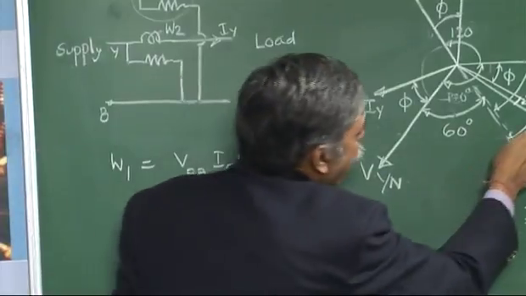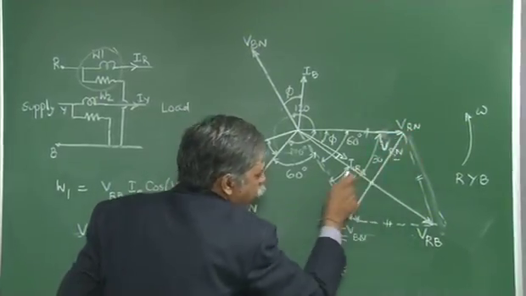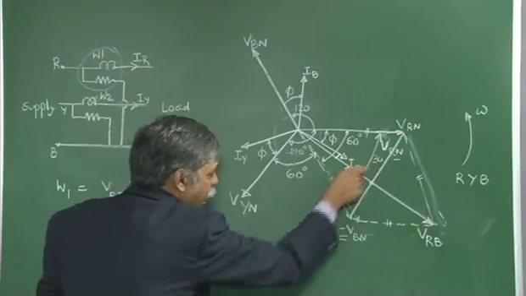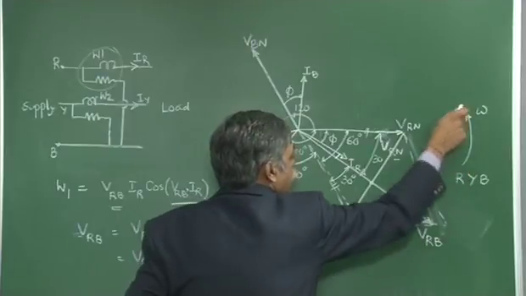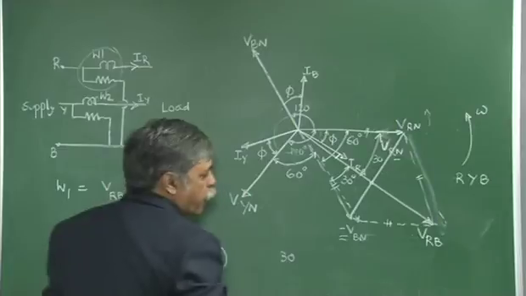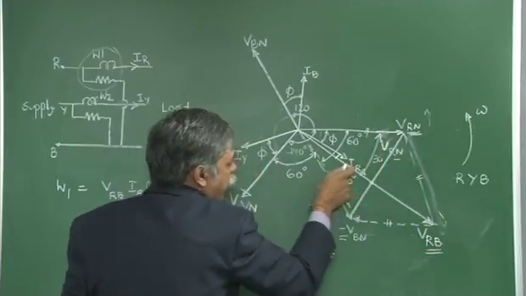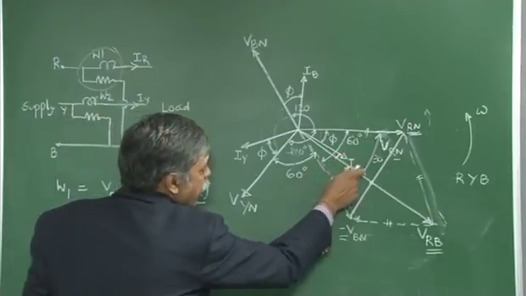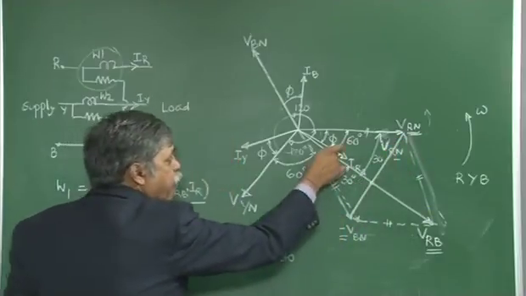So with respect to VRN, VRB is 30 degrees lagging behind. See the direction here: VRN goes first, followed by VRB, therefore VRB is lagging behind VRN by 30 degrees. Similarly the current IR is lagging behind VR by phi.